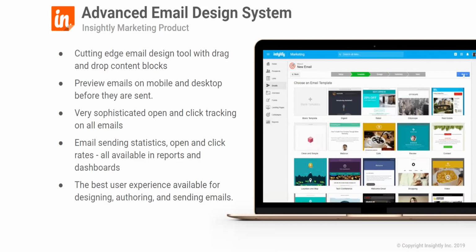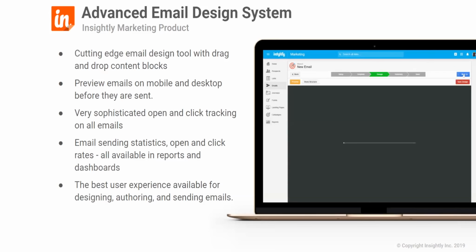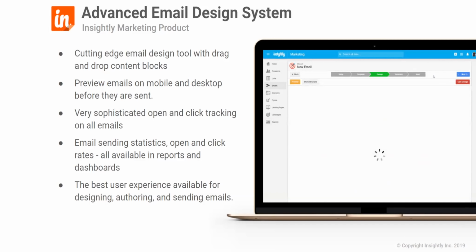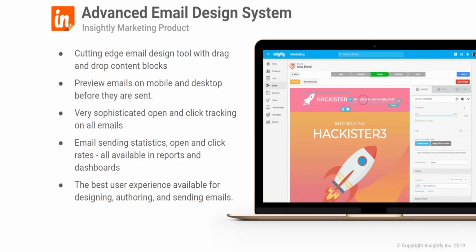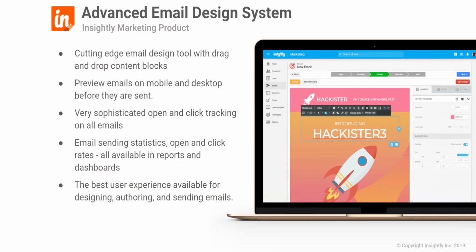And when you're ready to send out your email, we have the capability to send over 1 million emails a minute through our system. So you won't have to wait many hours for large email runs to go out.